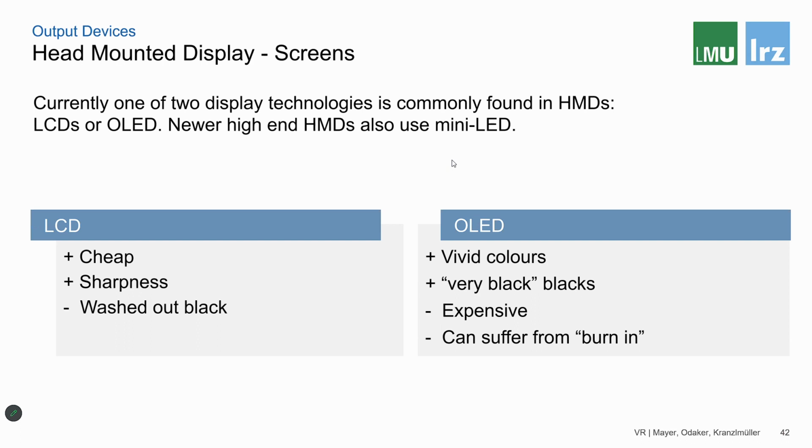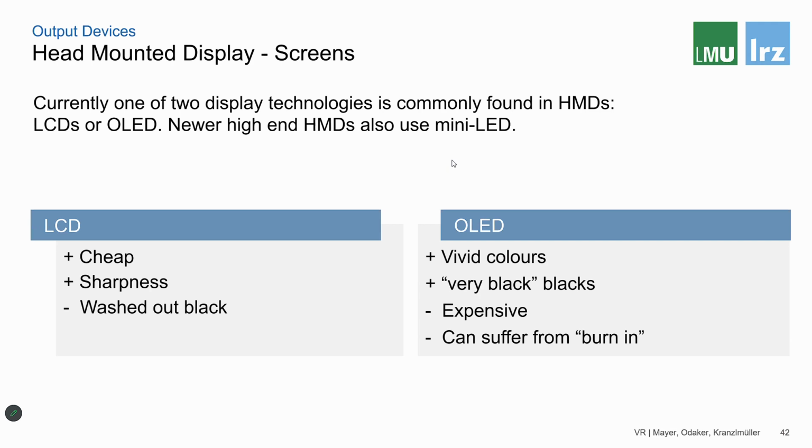LCD is quite cheap and it has good sharpness, but it tends to have washed out blacks, which isn't very nice. OLED, on the other hand, has vivid colors, so it has a very good color reproduction, very saturated colors. It has very, very nice blacks, so black surfaces usually really look black.